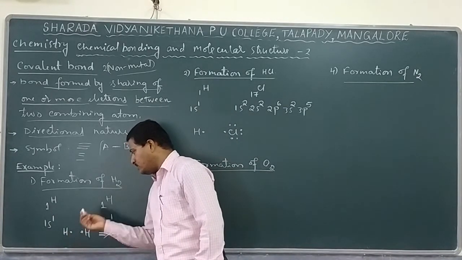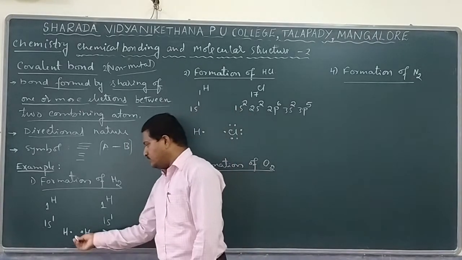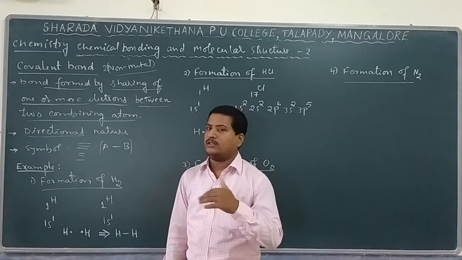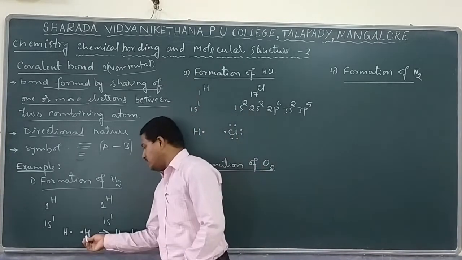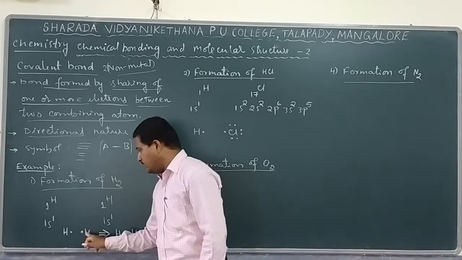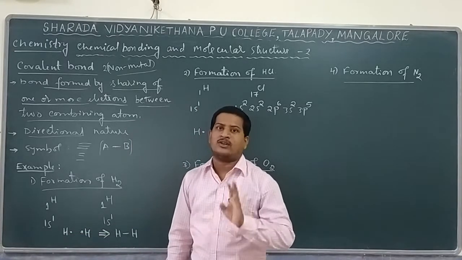Here also H with one dot. One dot indicates only one valence electron. This hydrogen needs one more electron to show the 1s2 configuration. Similarly, the other hydrogen needs one electron. In this case, both hydrogen atoms need one electron.